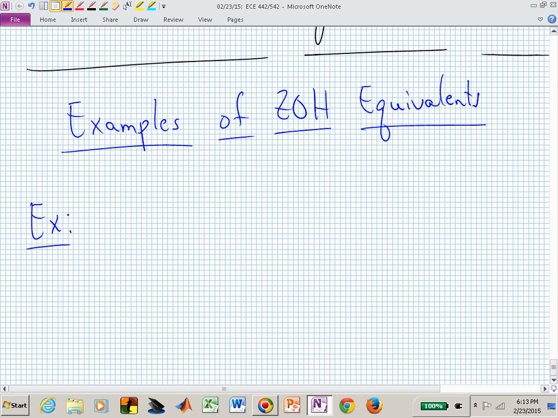Example 1. Like I said, we were going to crawl. What do you think we'll use for capital G of S? There's no wrong answer. It just may not be consistent with what I've picked. What would be a very simple G of S?